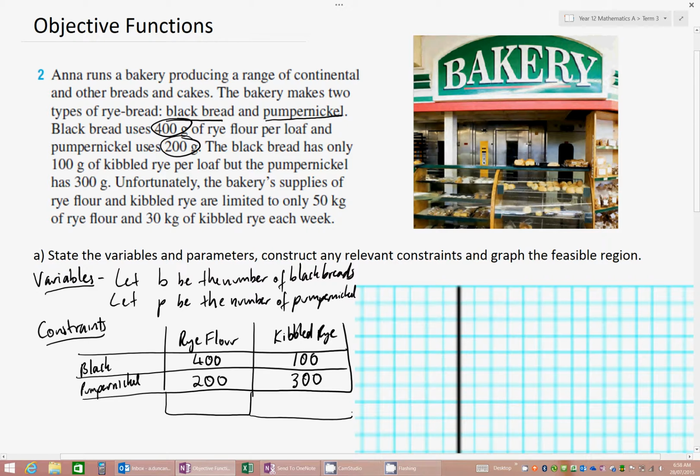We've used all that circle information. We've also got that there's maximum 50 kilos and 30 kilos of each of these per week, so this is going to total 30 kilos. And here 50 kilos.